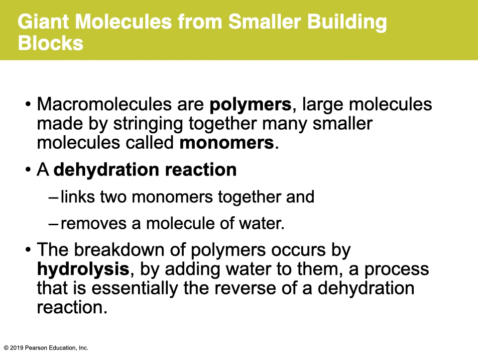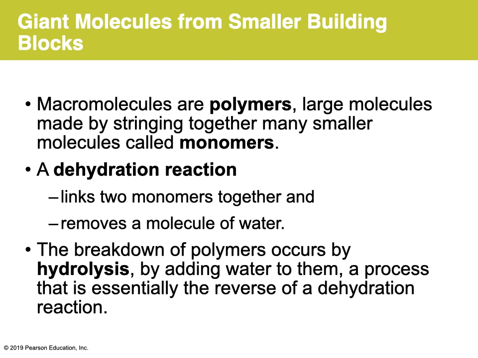Macromolecules are polymers. Polymers are large molecules made by stringing together many smaller molecules called monomers. A dehydration reaction links 2 monomers together and removes a molecule of water. Now, I like to say dehydration synthesis because this dehydration reaction is used to synthesize, to build larger molecules.